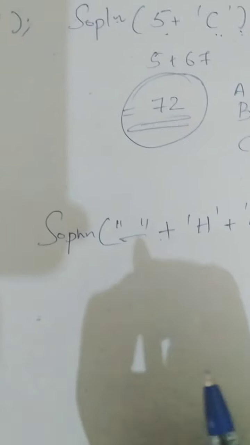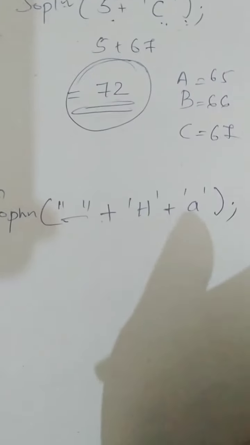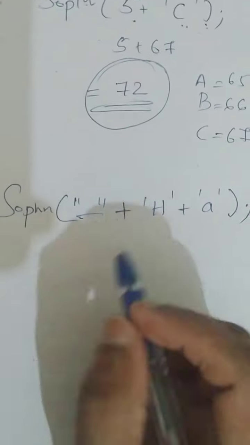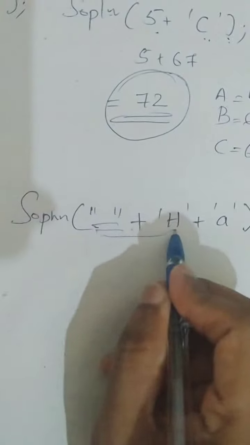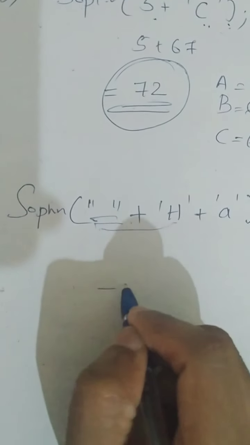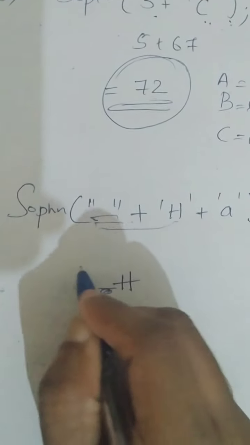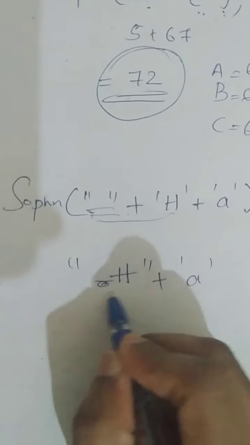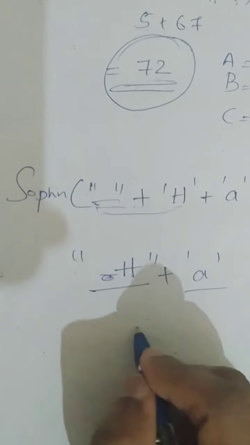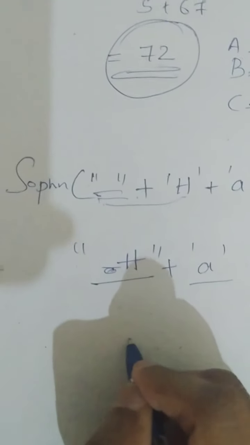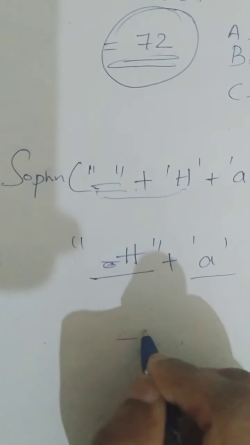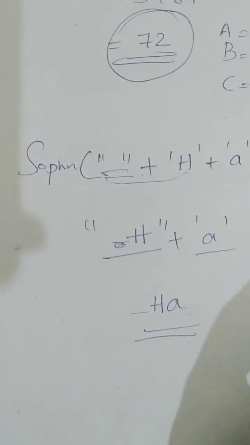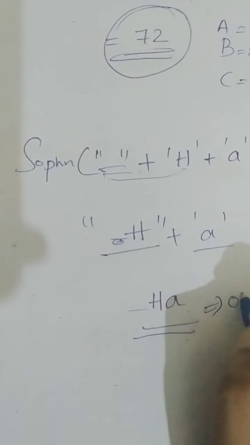Space is also considered a string since it is coming inside double quotes. So this is a string plus a character. It will perform a concatenation and it becomes a string, and again string plus a will perform a concatenation. So space is there, then H and A. This is your output.